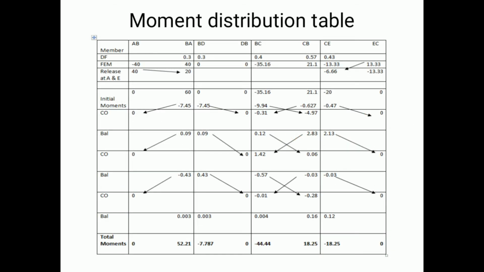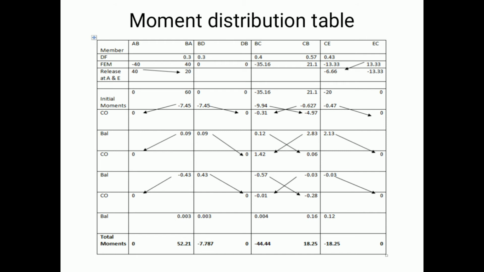In case of roller supports or a simple support or a hinge support, we are supposed to release the moments. So we are supposed to release the fixed end moments, that is nothing but we are supposed to make the total moment zero, as in case of hinged or simple support or roller support.